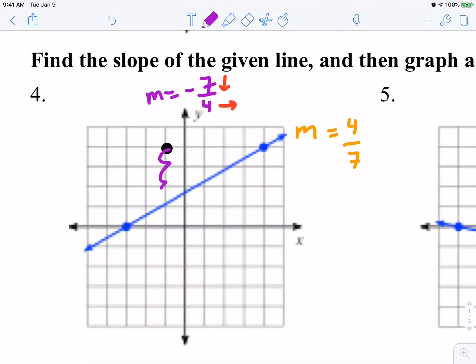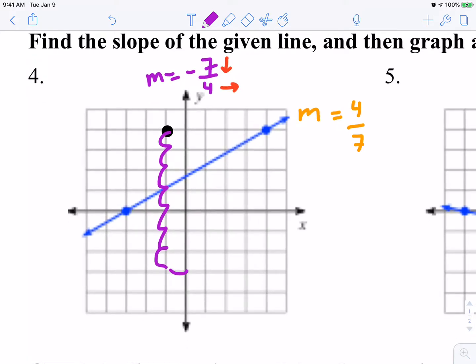So 1, 2, 3, 4, 5, 6, 7. Then 1, 2, 3, 4. If I draw a line here, you see that it makes a nice 90-degree angle.